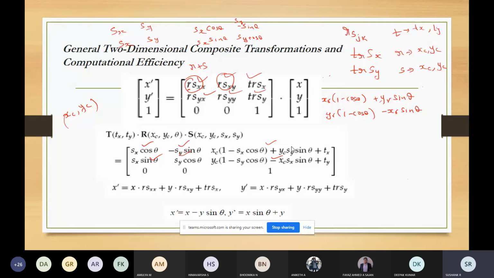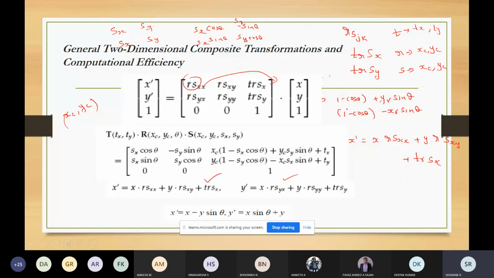This will be the final equation, where x dash is equal to x into r sx xx plus y into r sx xy, plus tr sx. That is what I have written here, and the same thing if you perform the matrix multiplication.